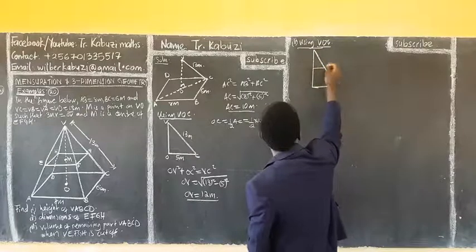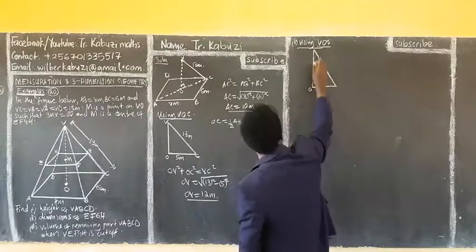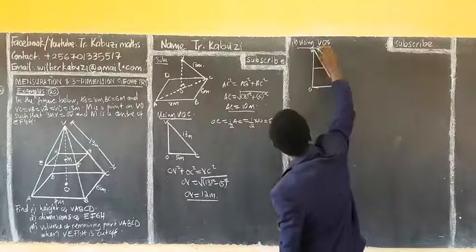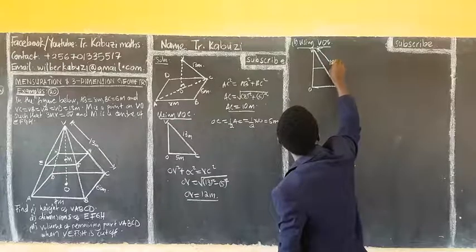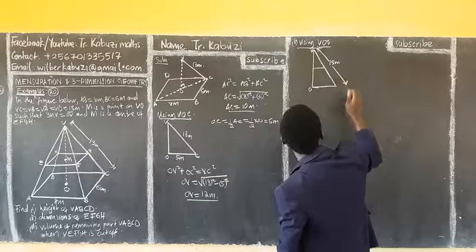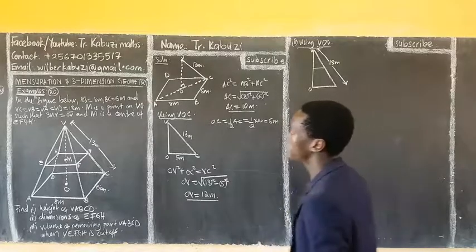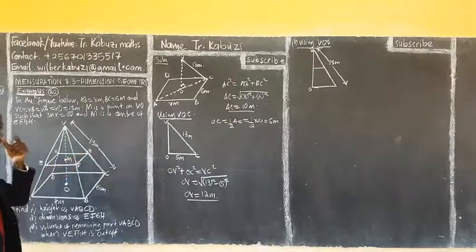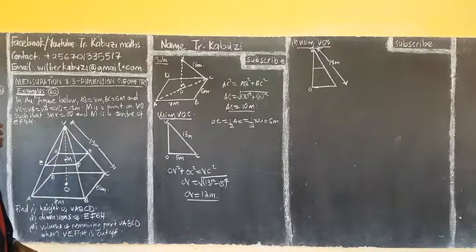This is my O, this is my V. And note that from here up to here is going to be 13 meters. Now, to get the dimensions, if I get this, I can use similarity in those two triangles.